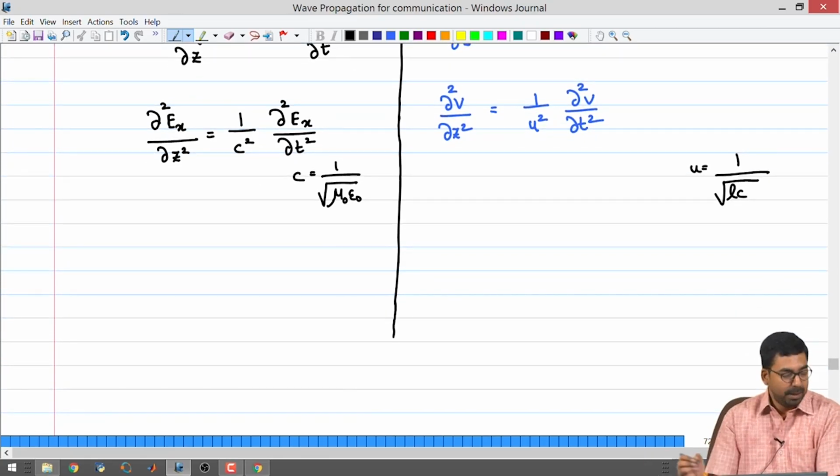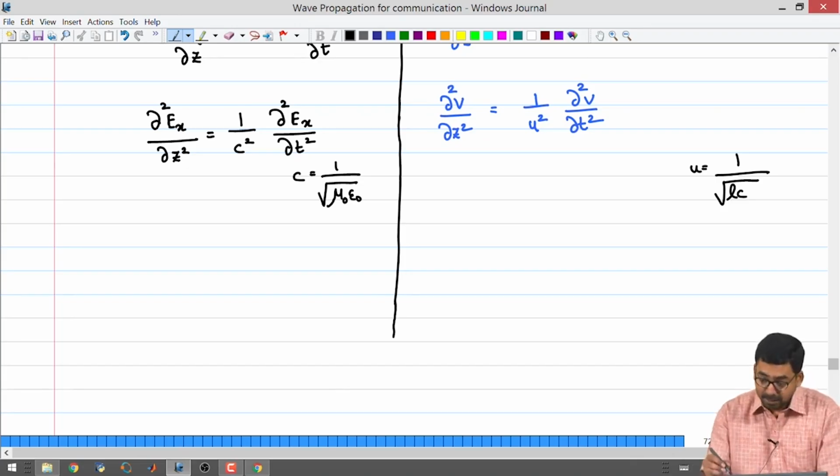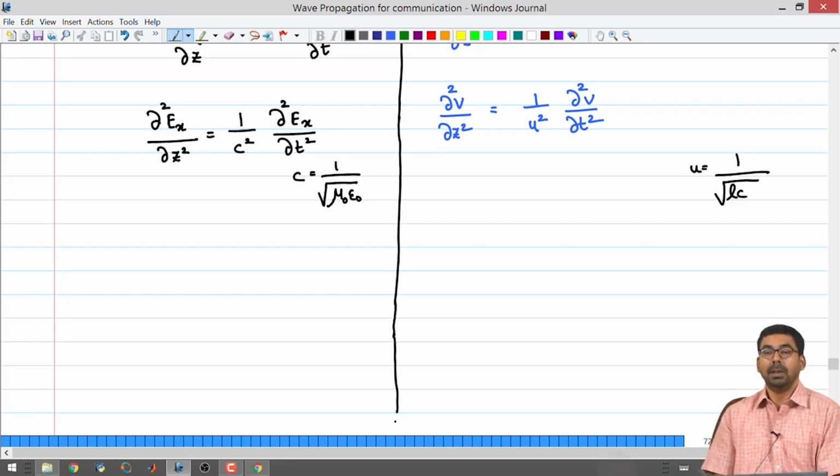The next thing that we did in the case of the transmission line is we wrote down the analytical solution to the partial differential equation for the voltage.